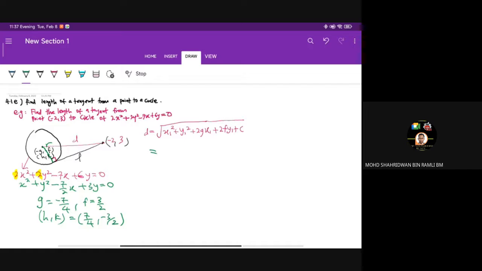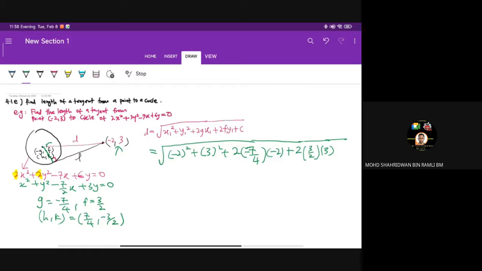It will be very simple because you just substitute. x1 is negative 2 squared plus y1 is 3 squared, and then plus 2g, our g here is negative 7 over 4, times x1 which is negative 2, and then plus 2f, which is 3 over 2, times y1 which is 3, and then plus c. C here is 0.